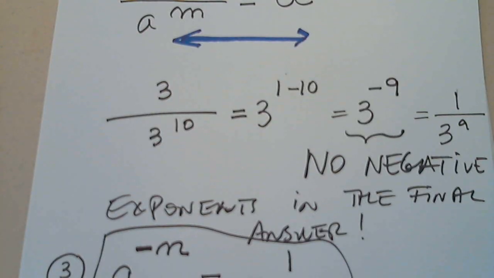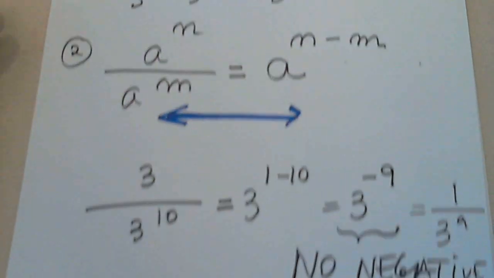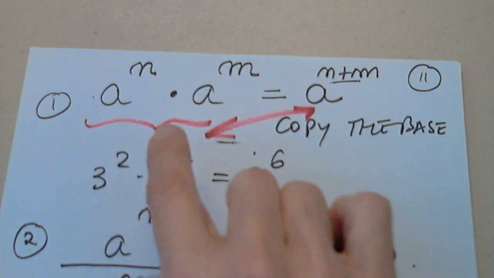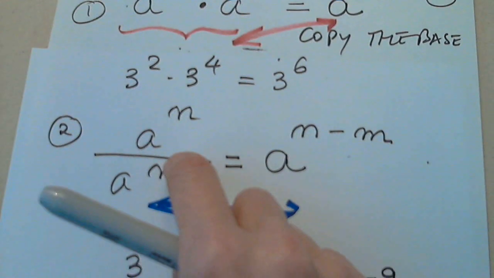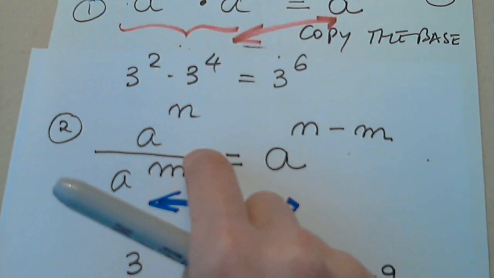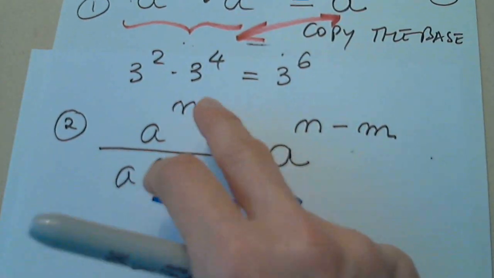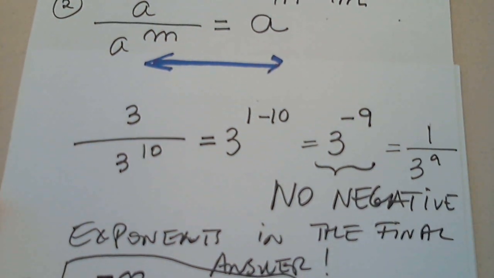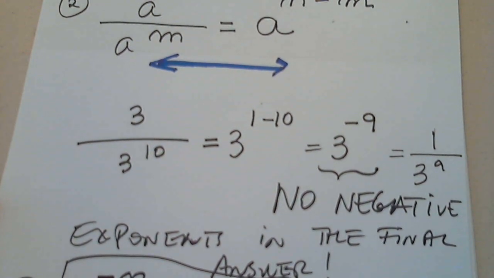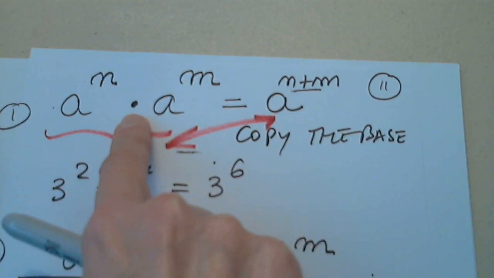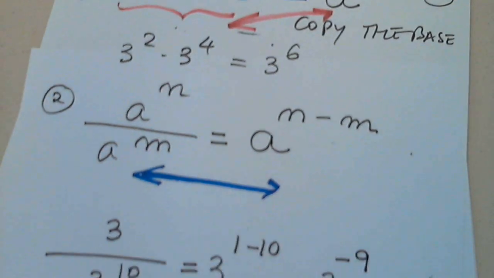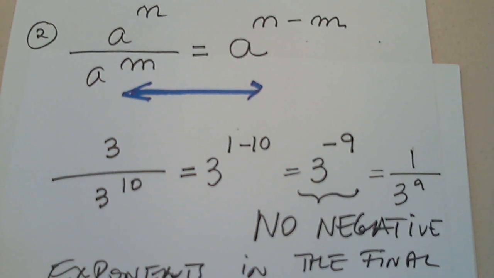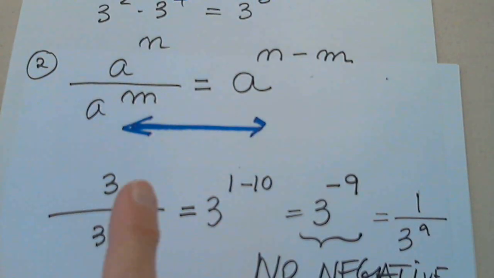But let me finish with one more rule. So this is the multiplication rule of exponential notations. This is the division rule. This is the negative power rule of an exponential notation. Again, the product, the quotient rule, the negative power rule. Product, division, negative power.